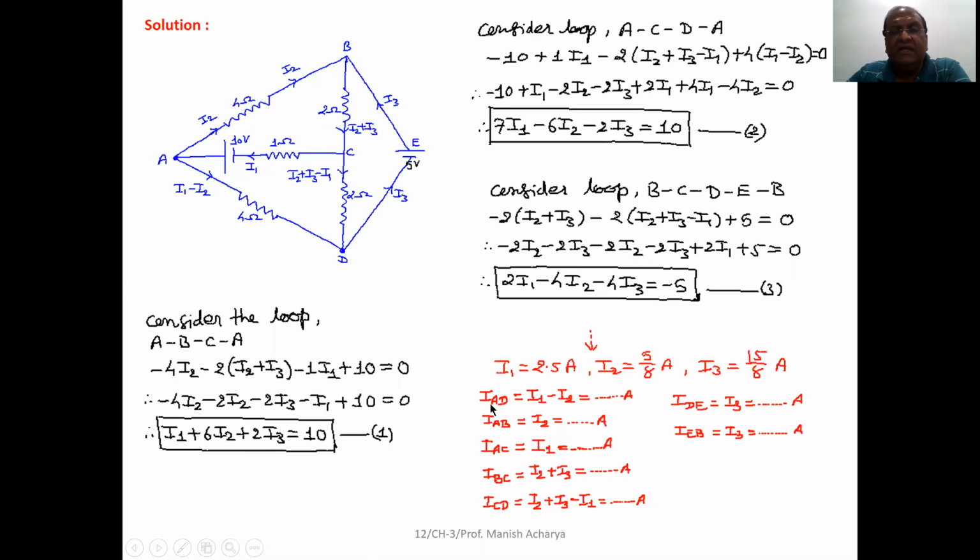So current I in AD branch, that is I1 minus I2. So that is 2.5 minus 5 by 8. And now whatever is your answer. So in this manner you have to write current through each branch of the network. Clear to all of you?